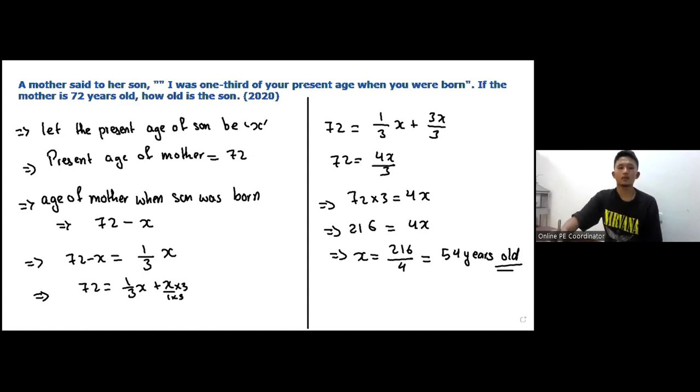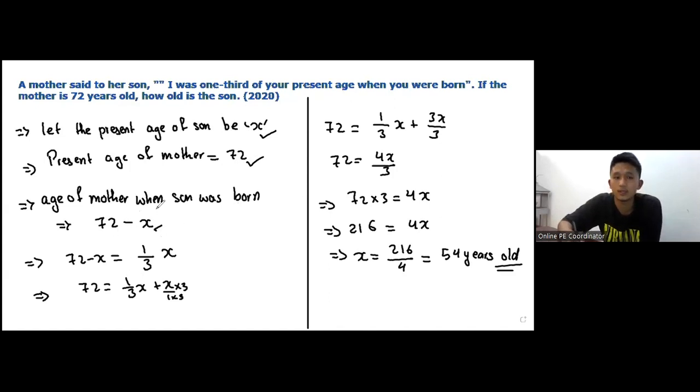Now I will solve it again. The question: a mother said to her son, "I was 1/3 of your present age when you were born." If the mother is 72 years old, how old is the son? The son's present age is the x value. We know that the age of the mother when the son was born is 72 minus x.